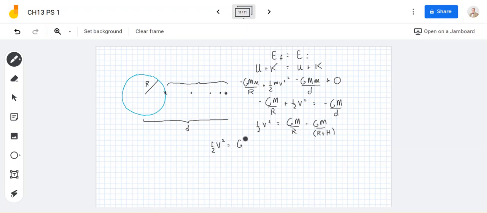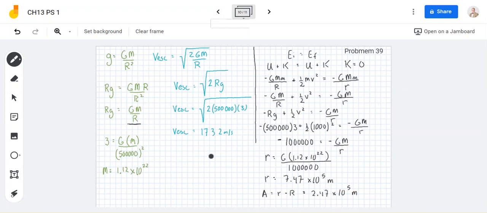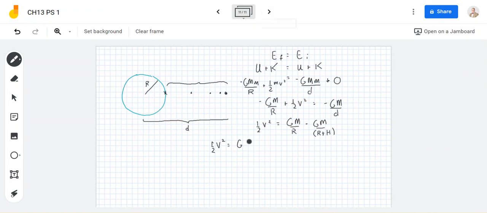So we know our G value. We know the mass of the planet, 1.12 times 10 to the 22nd. And the radius of the planet was 500,000 meters.